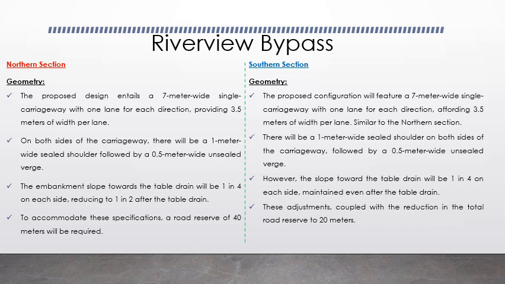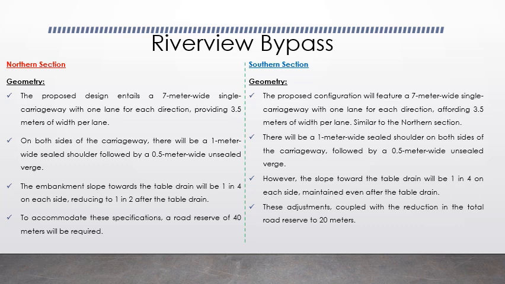unsealed verge. For the northern section, the embankment slope towards the table drain will be 1 in 4 on each side, reducing to 1 in 2 after the table drain. However, for the southern section, the slope to the table drain will be 1 in 4 on each side and maintained even after the table drain.